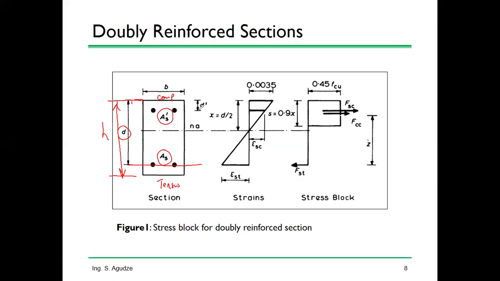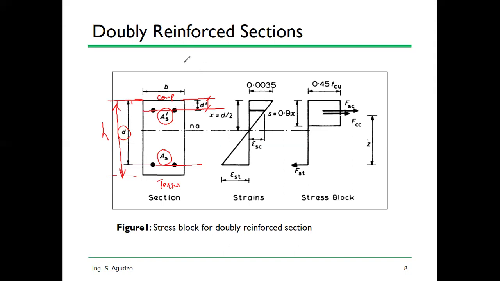And we have also what we call D prime. What is D prime? D prime is the distance from the compression face to the centroid of the compression steel. You get it? Distance from the compression face to the centroid of the compression steel.